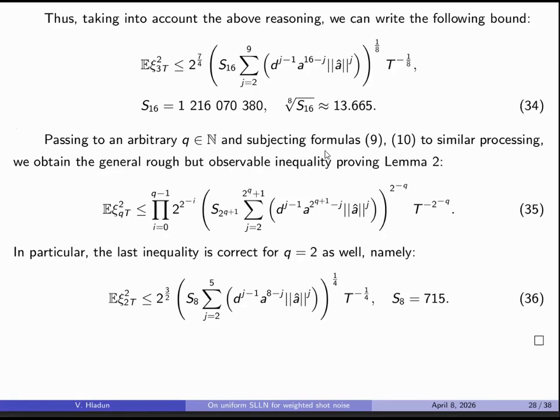Passing to arbitrary q in N, and subjecting formulas 9 and 10 to similar processing, we obtain the general rough but workable inequality, proving Lemma 2. The inequality number 35. In particular, this inequality is correct for the case q equals 2, and it will be of the form 36.